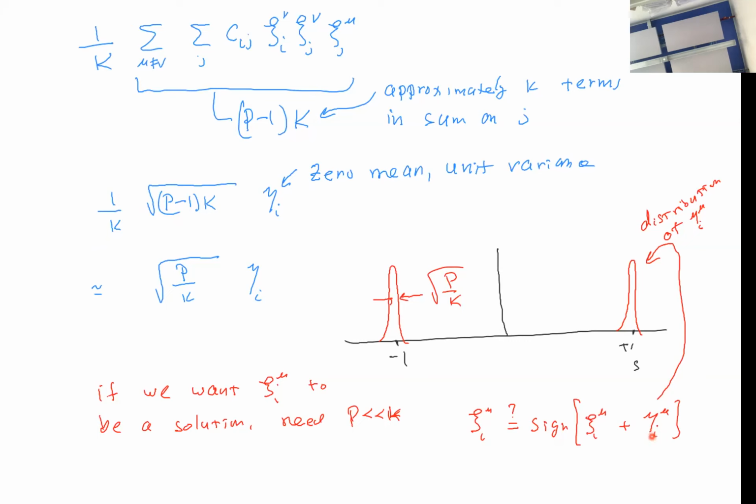And what we don't want is for this distribution to be large enough so that it leaks over here. When squiggle I mu is 1, this thing will end up being -1. So this is what we want to avoid.